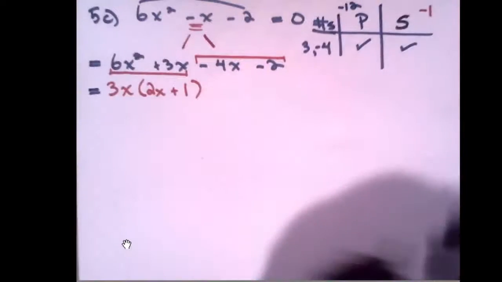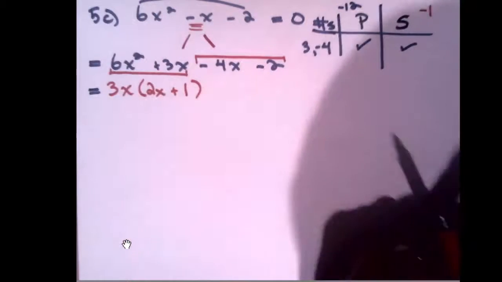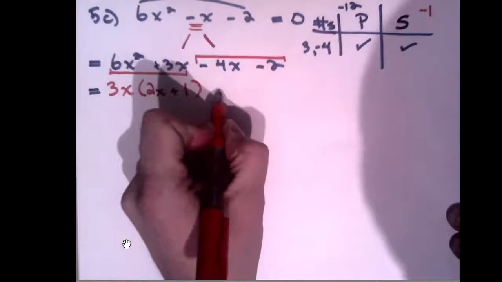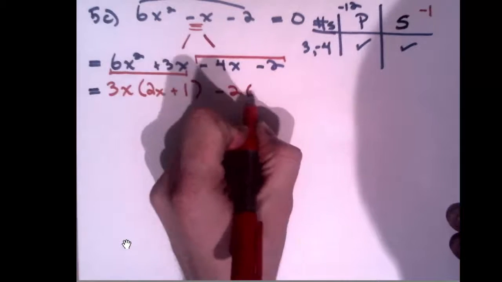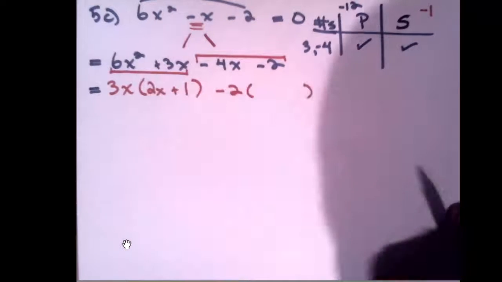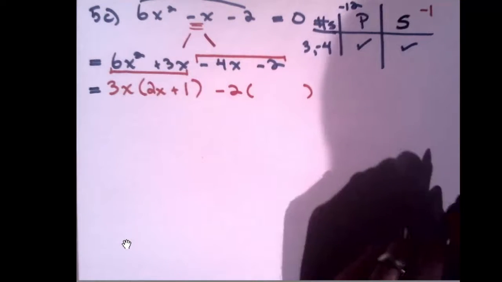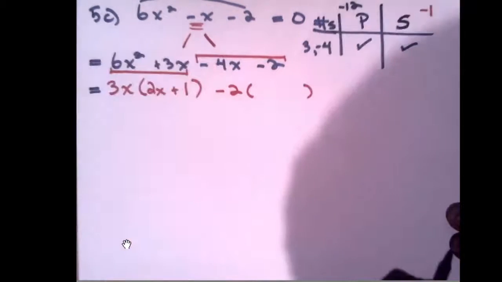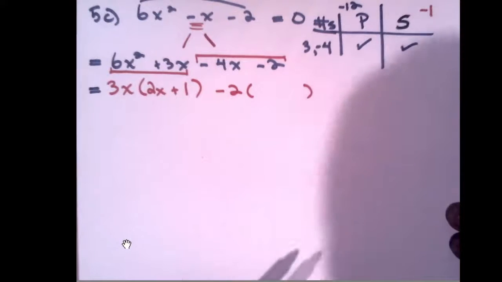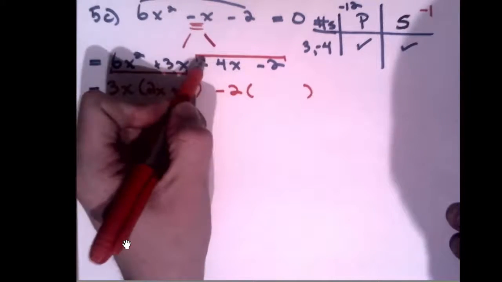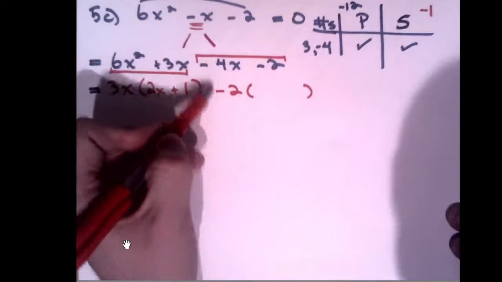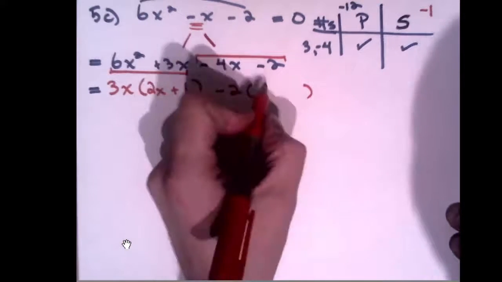And let's see what we have. So we've got a -4x and a -2. Okay. Looks like I'm going to go with -2 as a common factor because there's no x in both of them. So -2 times what gives -4x? If you don't like thinking that way, you can think the other way. -4x divided by -2. What's -4x divided by -2? 2x.